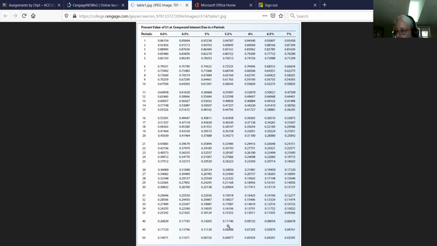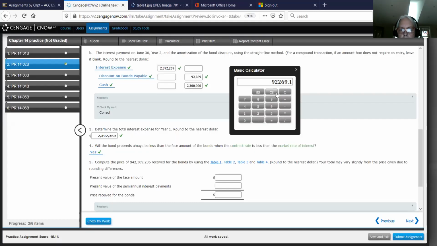So write this down. The table value amount is 0.11746. Again, the market rate of interest was divided in two to get 5.5% interest. We go down the number of periods, 40, and across to this table value amount of 0.11746. You're going to need to put that into your calculator.